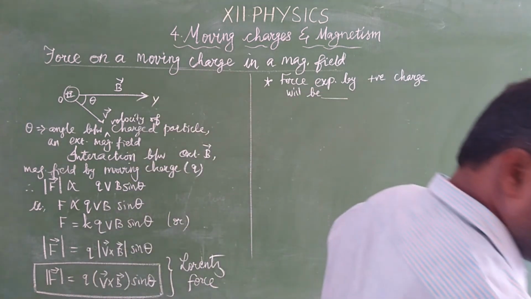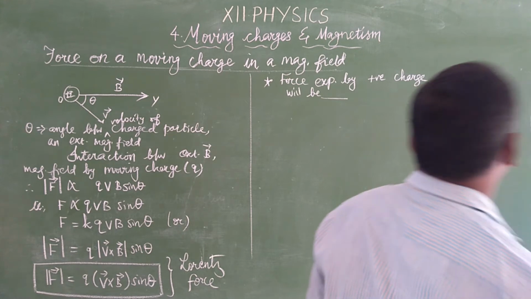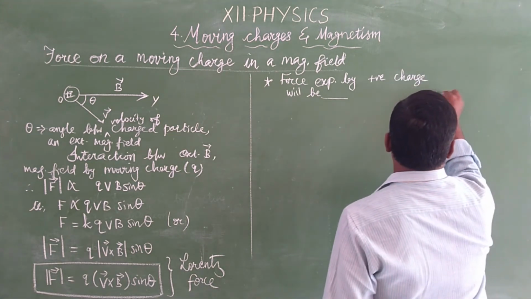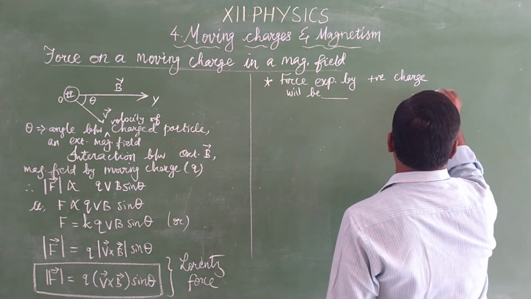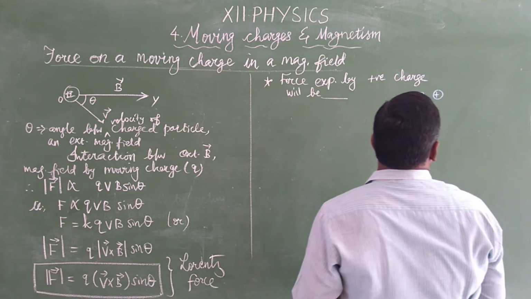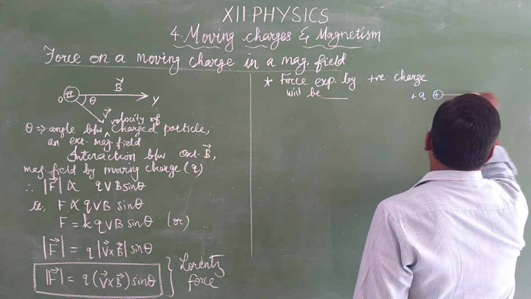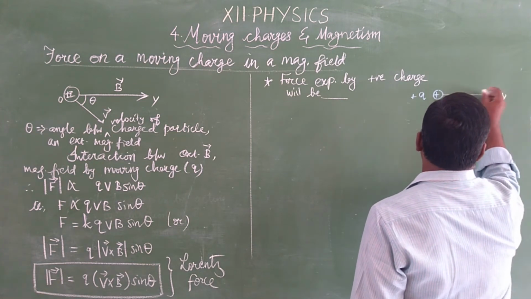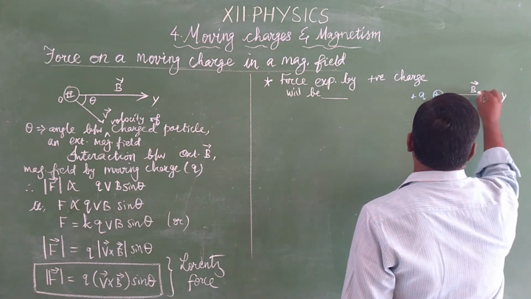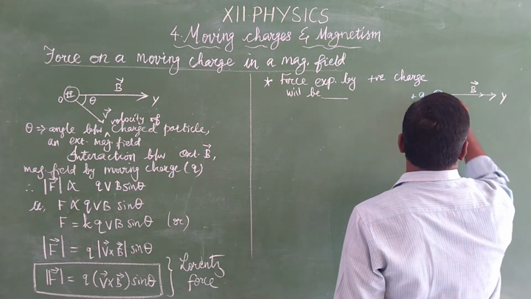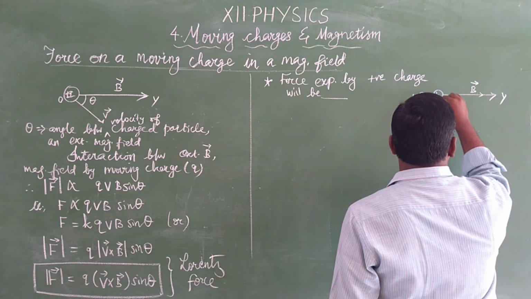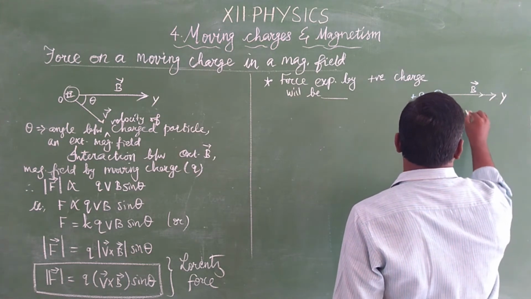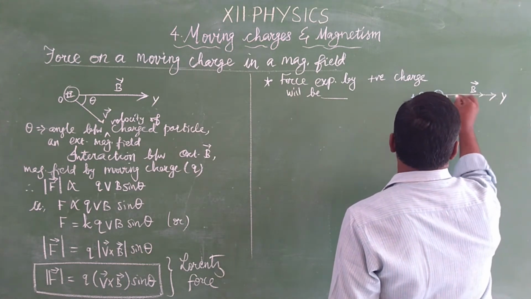So for that, first we'll take a positive charge. This is a positive charge, plus Q. This positive charge is placed in an external magnetic field, and this is the direction of the external magnetic field. This positive charge is introduced in the external magnetic field with the velocity V, making an angle theta.